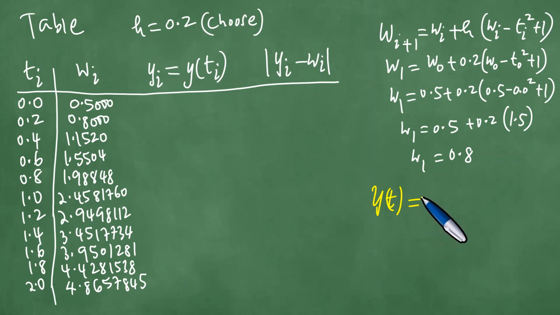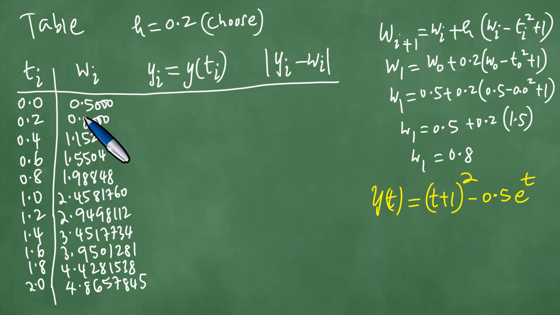Is equal to t plus 1 squared minus 0.5 e to the t.